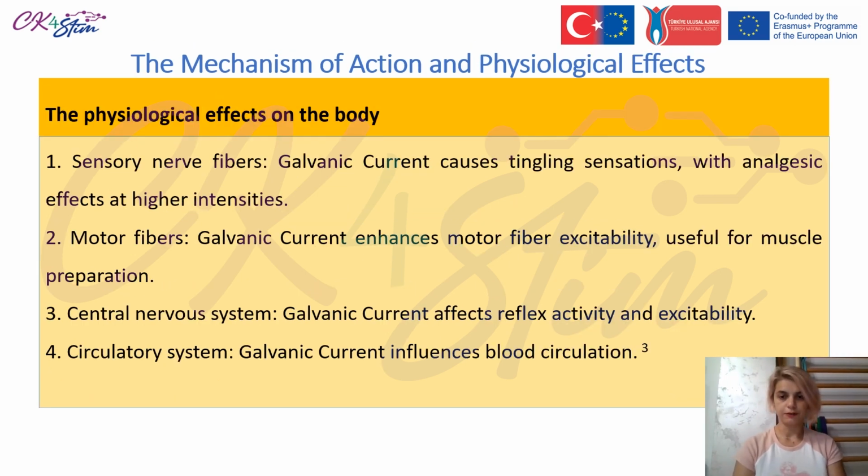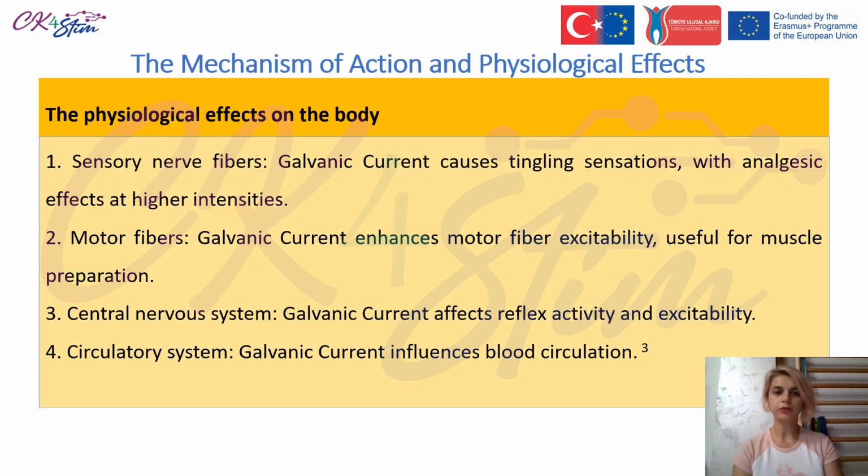For the physiological effects on the body, we have the sensory nerve fibers that are affected, motor fibers, the central nervous system, and the circulatory system. The galvanic current causes a tingling sensation with an analgesic effect at higher intensity for the sensory nerve fibers.